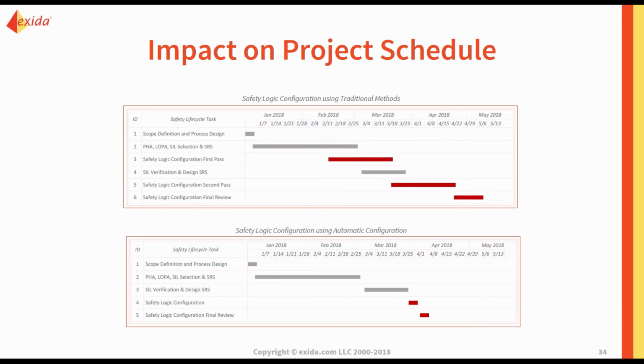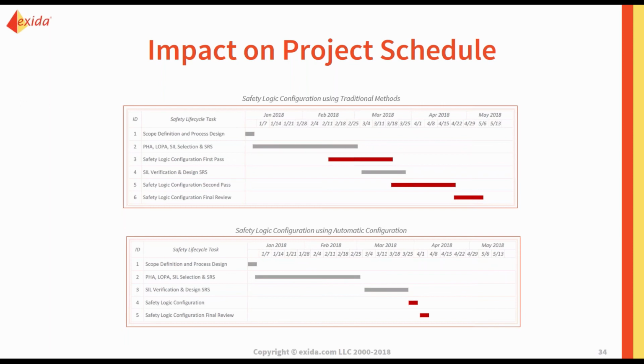And so you can see in the top Gantt chart, item 3, we have safety logic configuration first pass. And that's because a lot of people, assuming they have a tight project schedule and they need to get started on it, think they know what their safety instrumented system is going to look like, and so they get started with that. But in reality, your conceptual design isn't finalized yet.